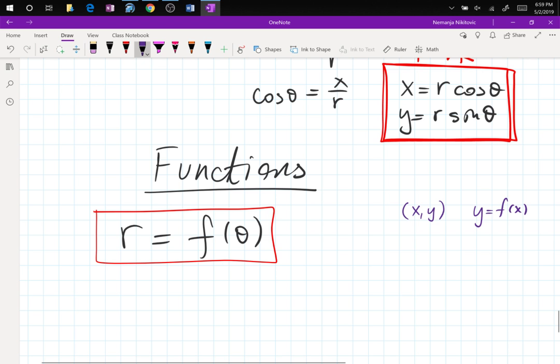Looking at your basic rectangular coordinates, we had the basic functions where you just said, what do I get if I say x equals a number? What does this equation give you if you just take x equals a number?